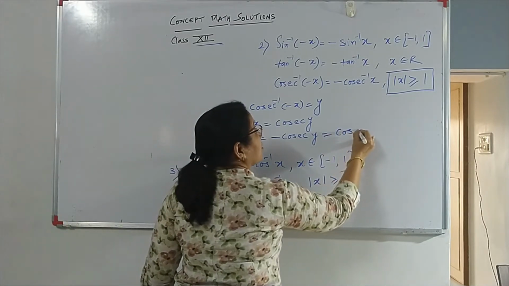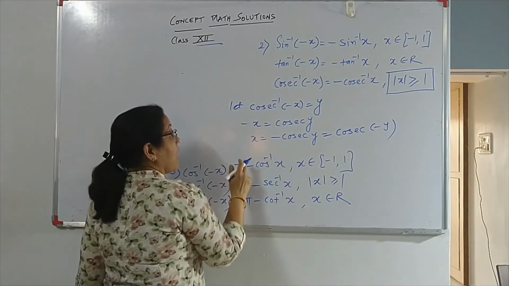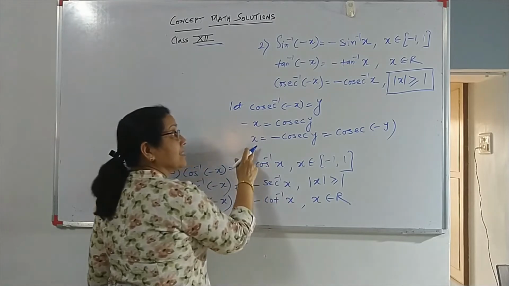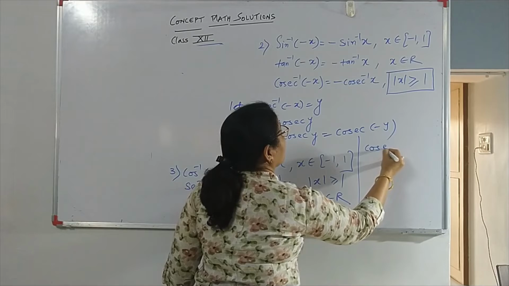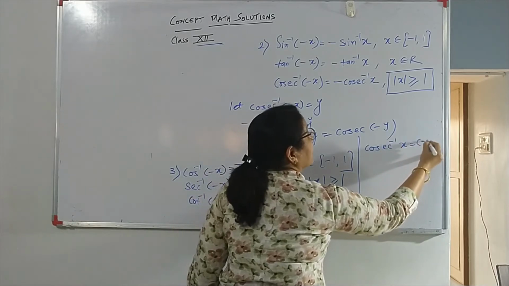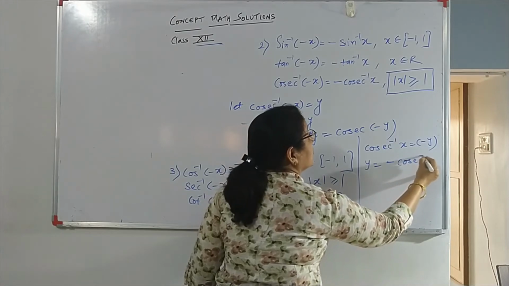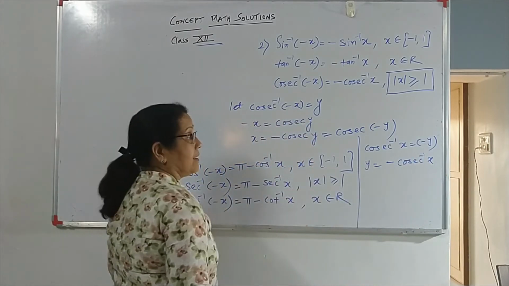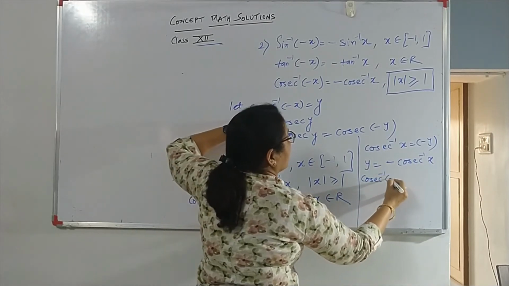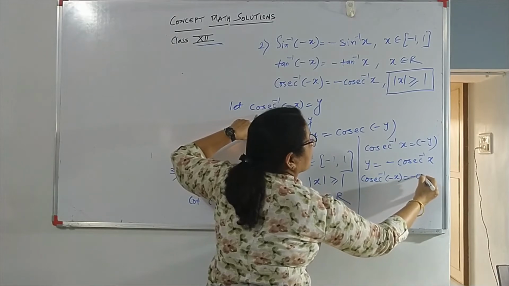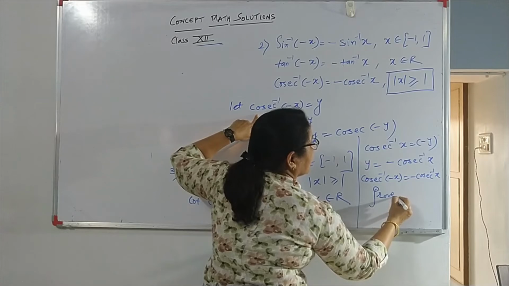So x is cosec of minus y. That means cosec inverse of x is minus y, or y is minus cosec inverse of x. Now what was y? Cosec inverse of minus x is minus cosec inverse of x. We have proved this identity.